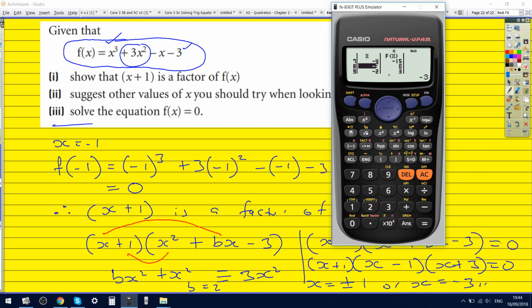Yes, it was. And so we could work backwards from that and say x plus 3 is a factor. Okay, what would you check next? Minus 1 and 0. Yeah, so minus 1, that's one of our solutions. And 1 is a solution.